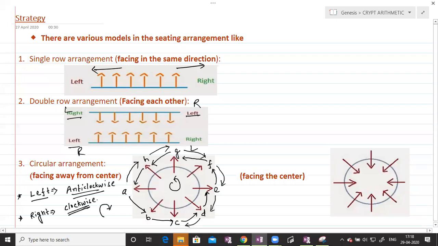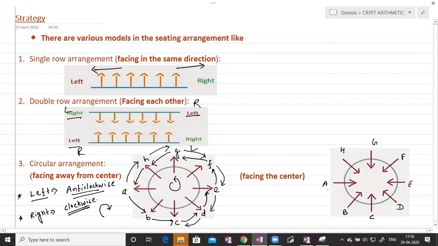Now look at this case. What is happening if all the people face the center? It is just vice versa, just opposite. Let's say this is A, this is B, C, D, E, F, G, H, all the people sitting around a table and everybody looking towards the center. Now look at what is happening.